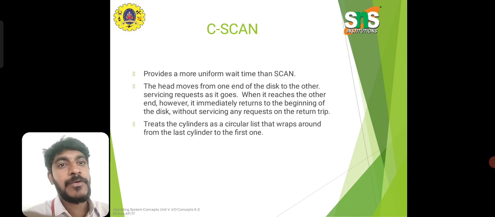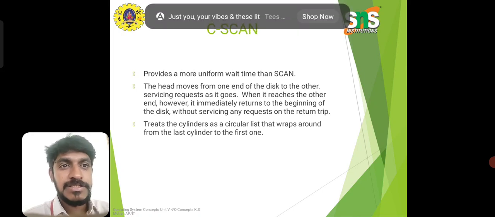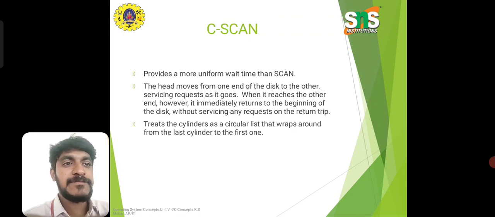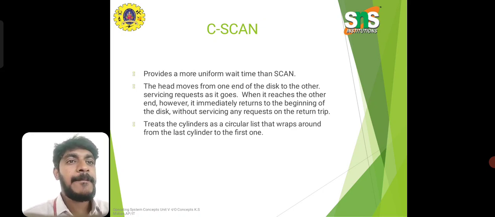So C-SCAN provides a more uniform wait time than SCAN. It treats the cylinders as a circular list that wraps around from the last cylinder to the first one.